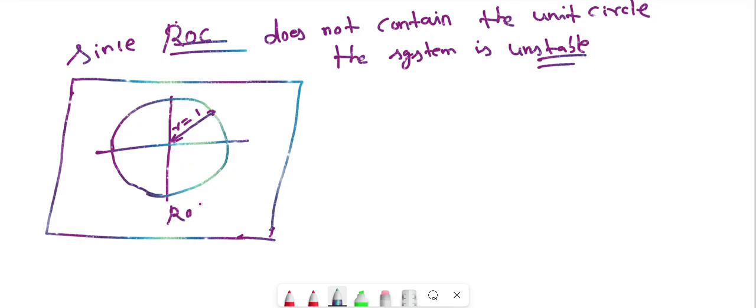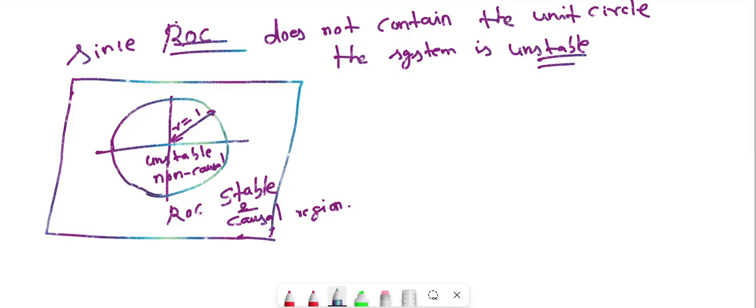The ROC outside is the stable and causal region, and this is the unstable non-causal region.